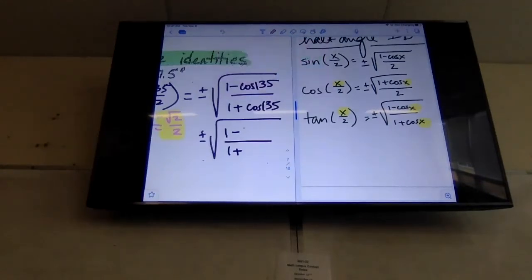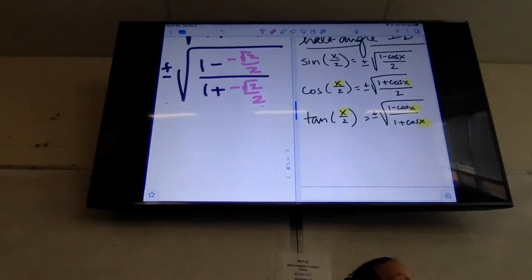So I'm going to plug that in wherever I see cosine of 135. I just want to simplify it down enough that I have no extra denominators in here. So we have to combine the numerator, combine the denominator, and then we'll multiply by the reciprocal and hopefully cancel something out.